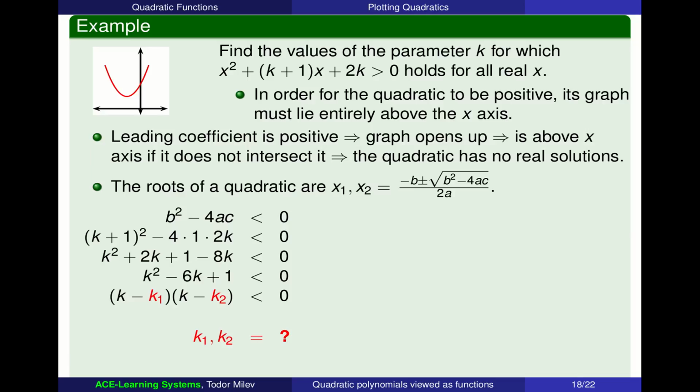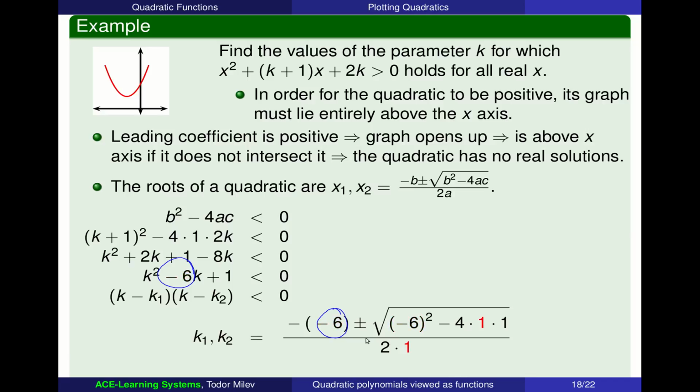Let's see. Can we guess these roots? Okay, let's not guess it. Let's use the formula: minus b plus or minus radical of b squared minus 4ac, over 2a. So b equals negative 6, a equals 1, because I'm having 1 times k squared here, and c is equal to 1.